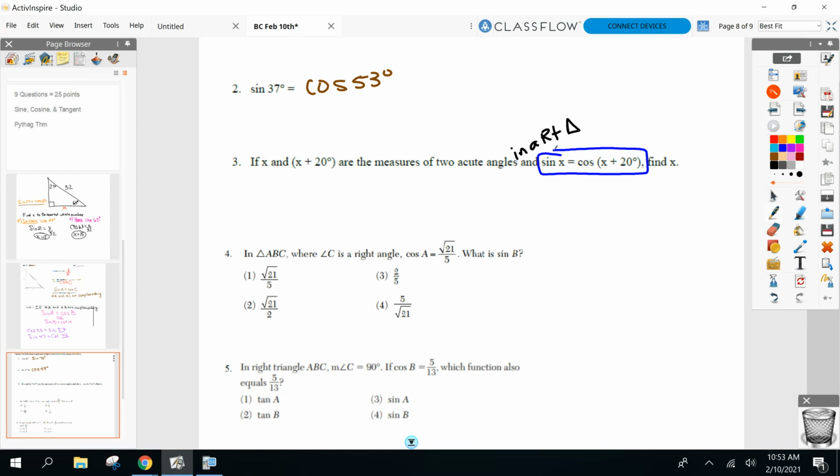So instead of setting them equal, I'm going to add them up and say they're complementary, equal to 90. Why? Because I know the sine of x is equal to the cosine of the other angle, x plus 20, and the only time that happens is if those two angles are complementary. And now we have something nice and easy to solve for x.